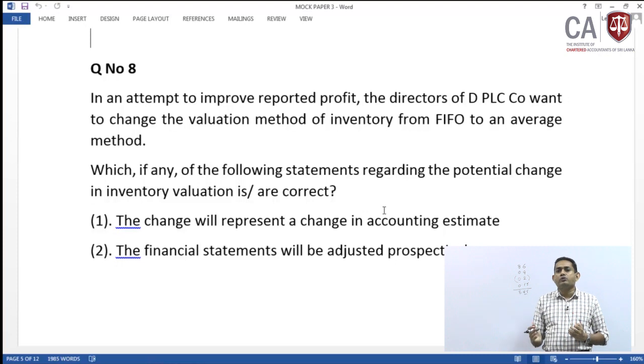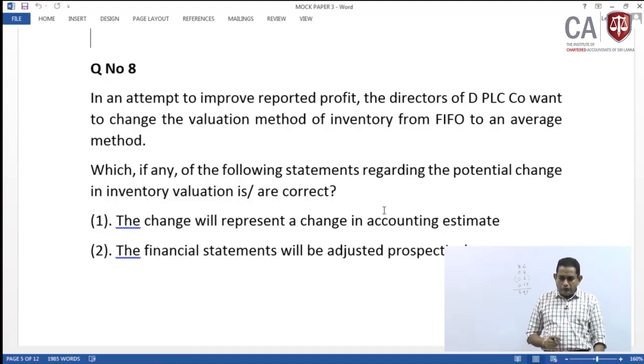Now you decided to apply the cost model for property, plant and equipment, that is the policy for property, plant and equipment, and your changeover from fair value model to cost model for the same asset will not be an accounting policy change. Why? You are adapting the accounting method to the changing economic environment of the asset. So that is not an accounting policy change.